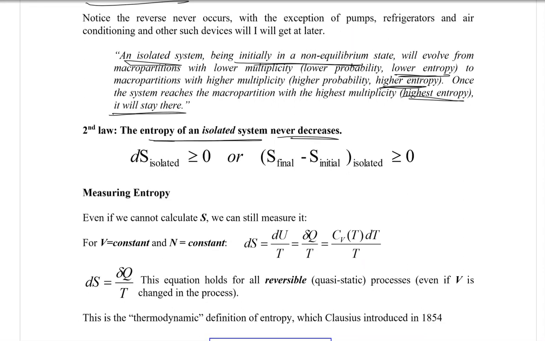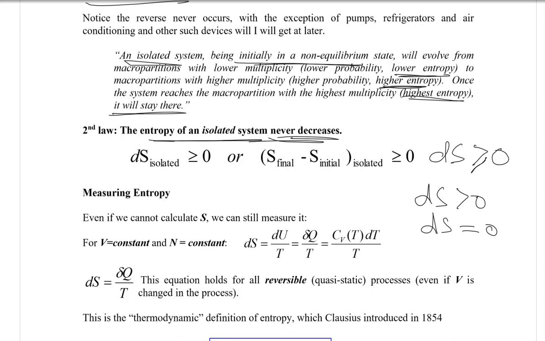That means the entropy of an isolated system will either increase over time, while the system is not in equilibrium, or stay there once the system reaches the maximum equilibrium level. There is no condition in which it will decrease from its final state.